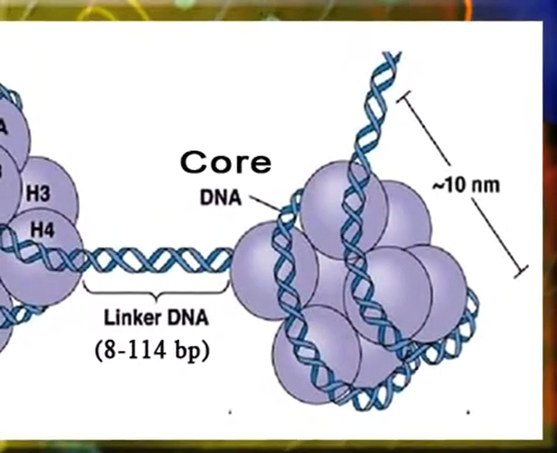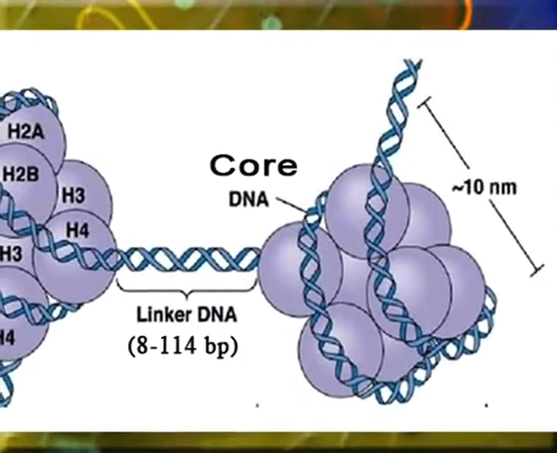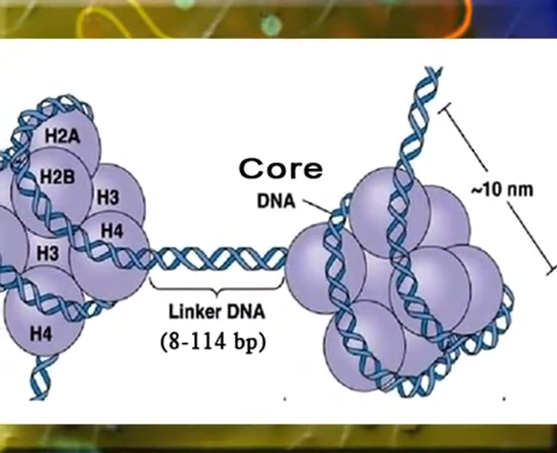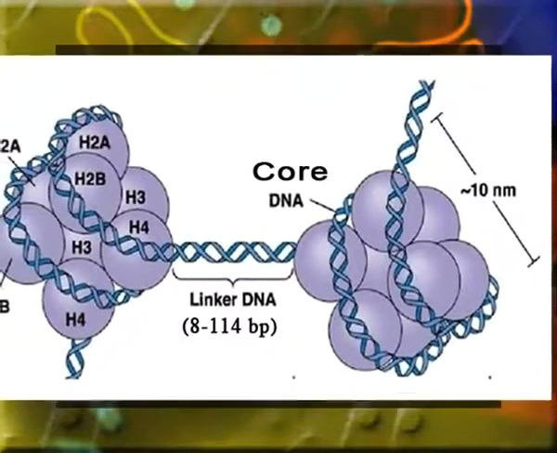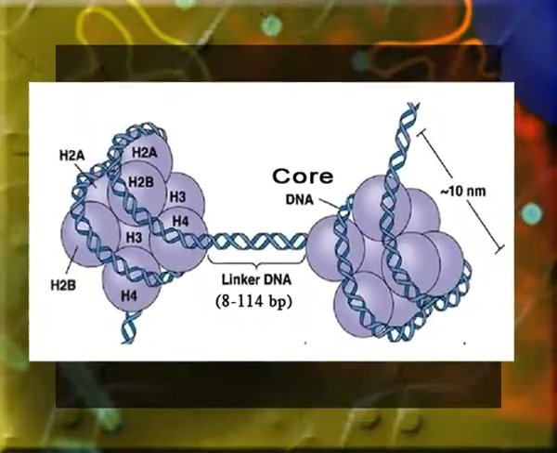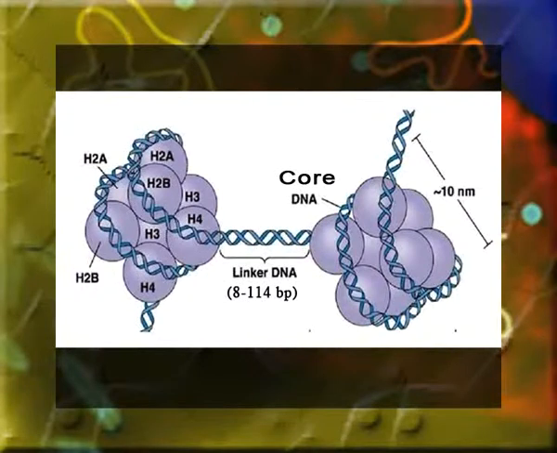Linker DNA, that is the DNA between core particles connecting nucleosomes in chromatin, comprises the rest of the repeating unit with a length varying from as little as 8 base pairs to as much as 114 base pairs per nucleosome.